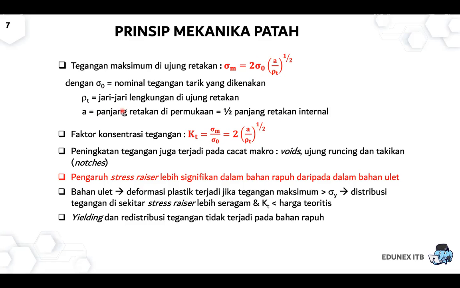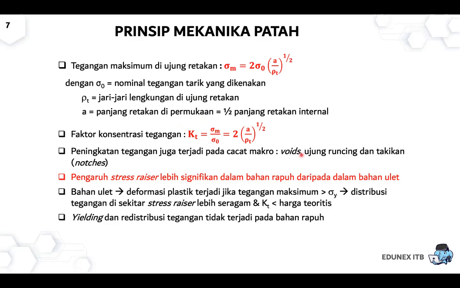So we know the maximum stress, and we also know the stress concentration factor, atau faktor konsentrasi tegangan. K is just the ratio of the maximum stress at the tip of the crack divided by the nominal stress.